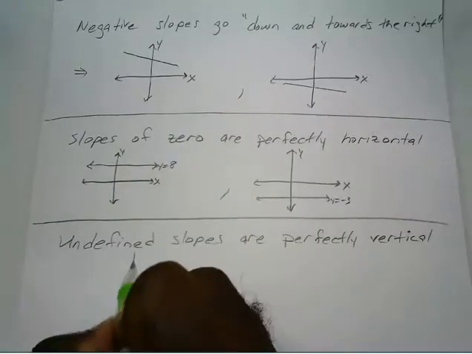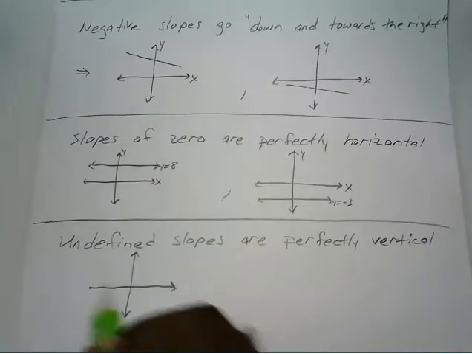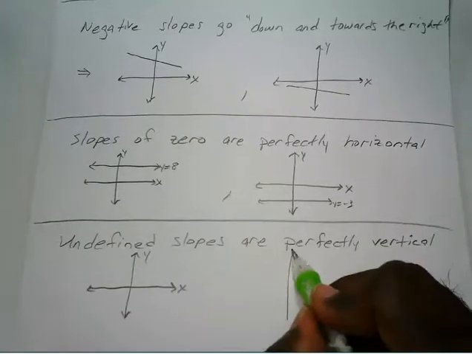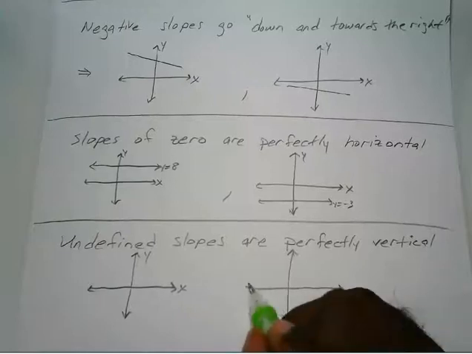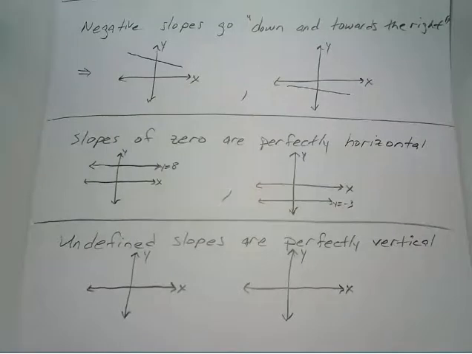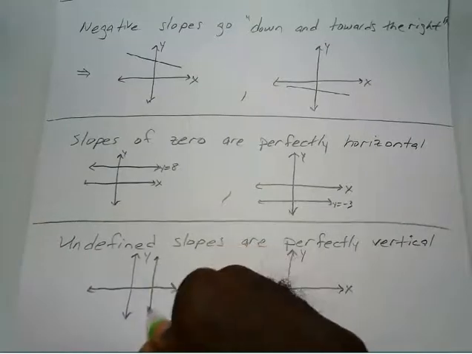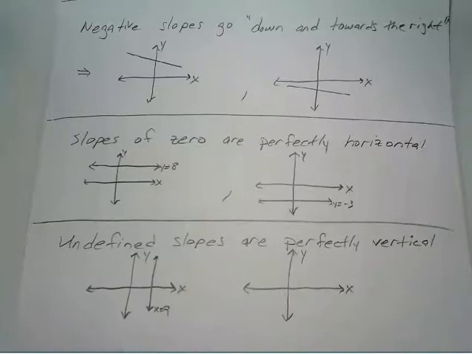All right, so let's say if we draw a couple of our XY axes. Okay, so we have our XY axis here and here. Okay, so let's say if we want to graph x equals 9. Remember, that's just a line right through 9. That's an undefined slope because it's perfectly vertical.